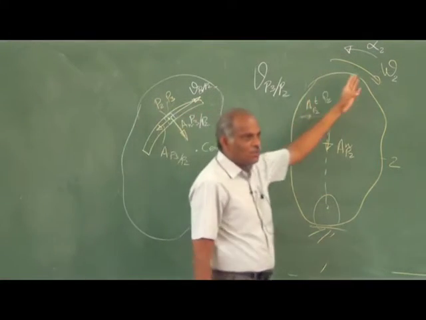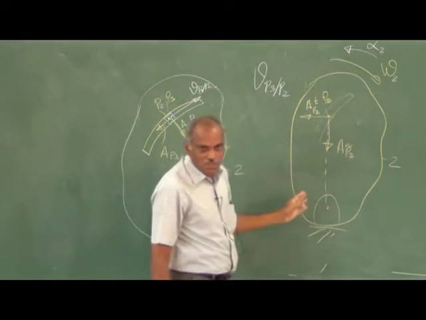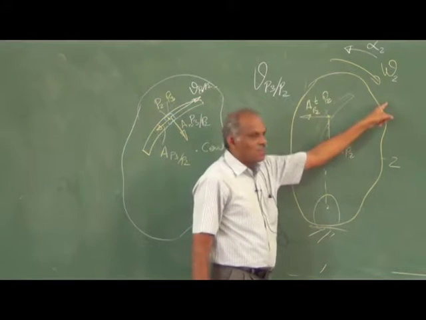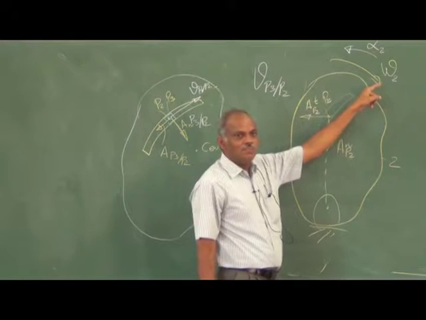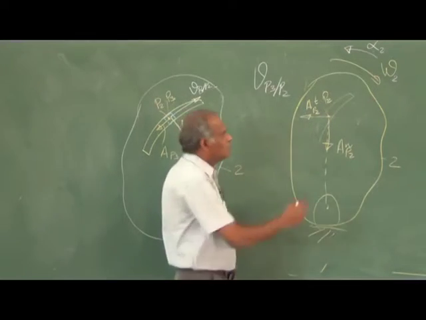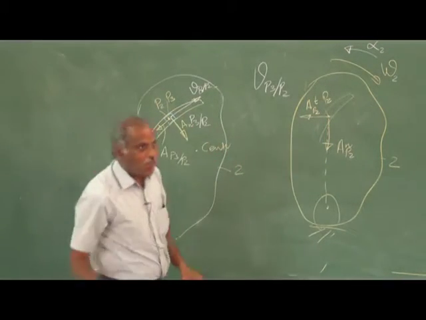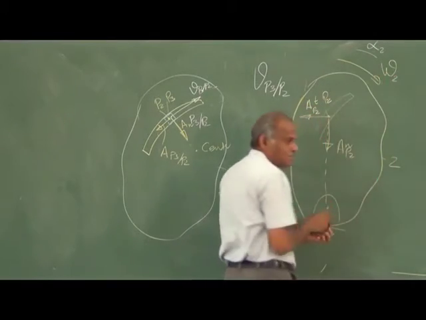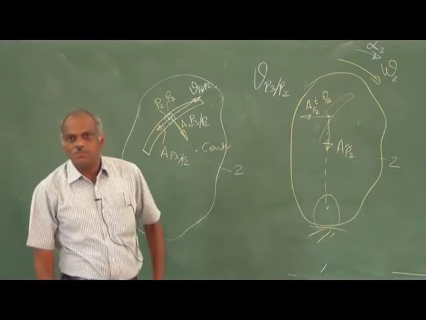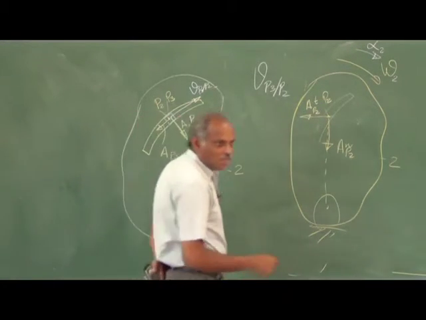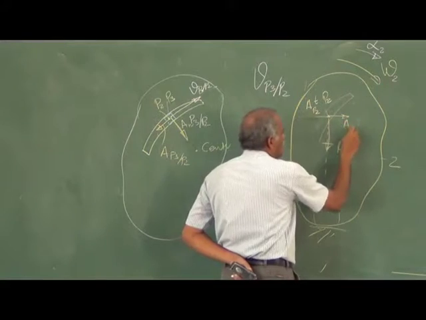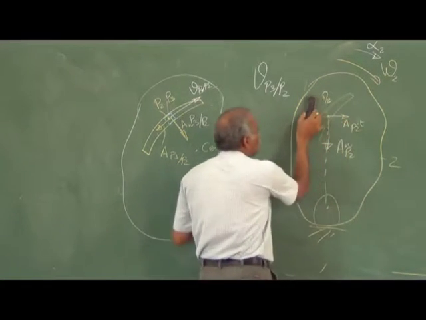Any other complexity you can introduce more than this? I don't think there is. So you are considering 2 alone. It can be rotating with constant angular velocity, and then there will be only a normal component. If it has an angular acceleration also, then there will be a component like this. Suppose the angular acceleration is in this direction. What does it mean? Its speed is increasing, so this will be tangential, the acceleration of P2 tangential. If it is reversed, the direction will be changed.